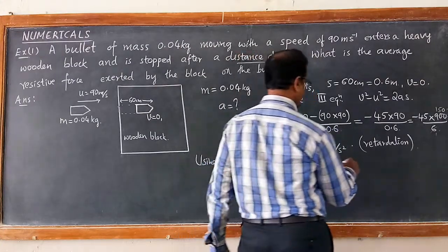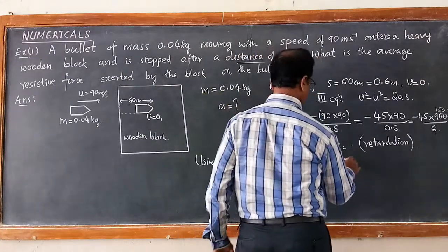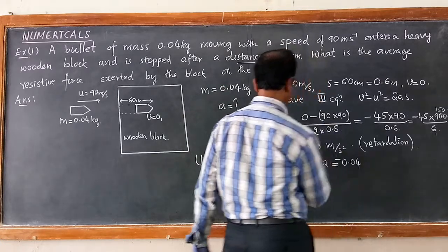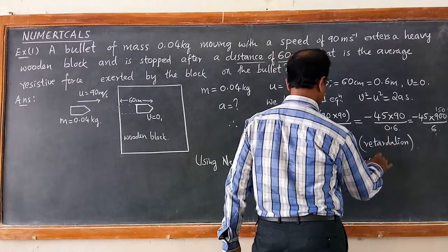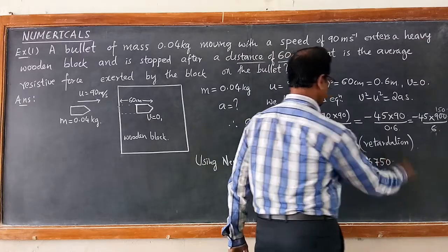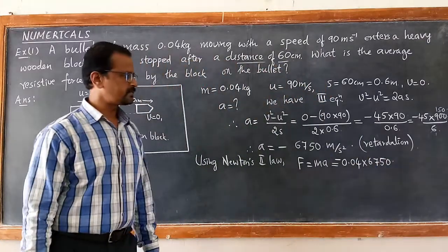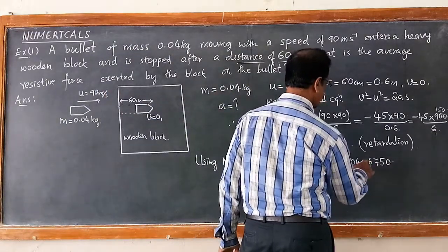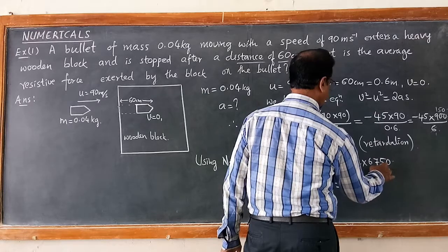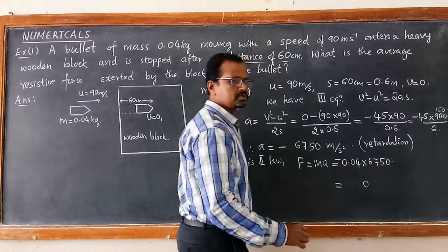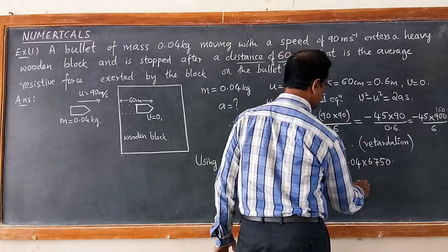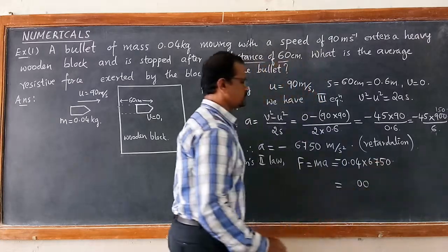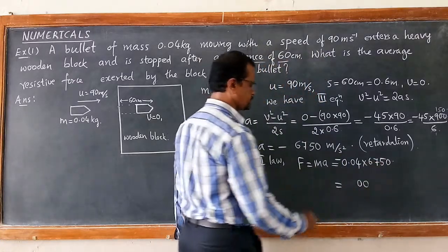Therefore, M is 0.04 and acceleration is minus 6750. If you calculate this, 4 5s are 20, carry 2, 4 7s are 28 plus 2, 30, carry 3, 4 6s are 24 plus 3, 27.